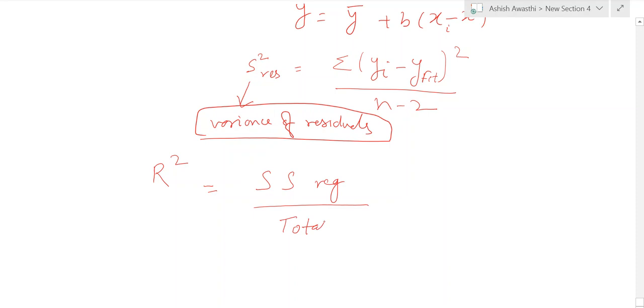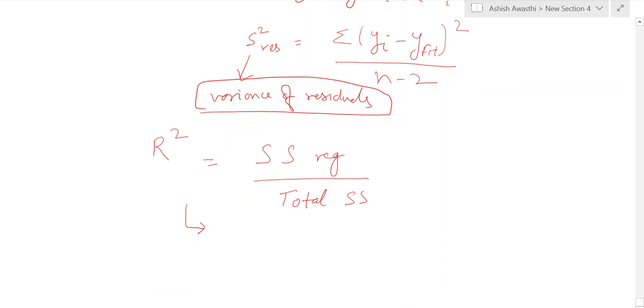I am not showing the calculation of R square because it will be difficult for this group, but you can read it in different statistics textbooks if required. Ideally this R square should move towards 100% or 1.